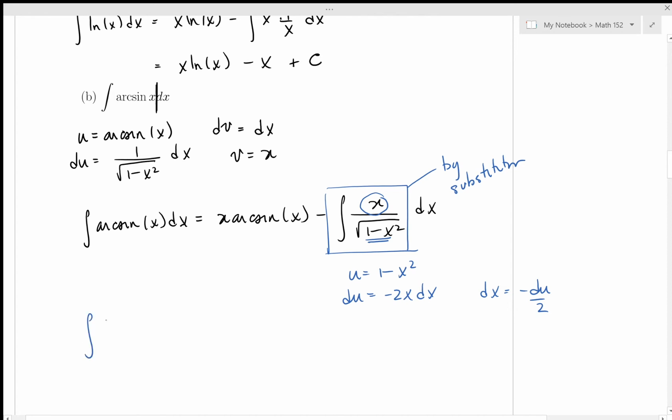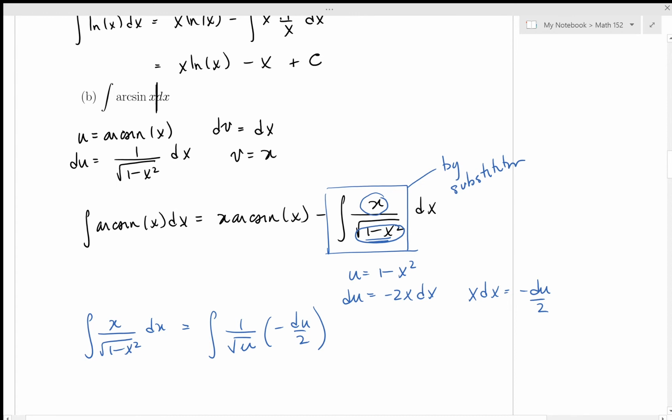So what I'm saying is that the integral of x over the square root of 1 minus x squared dx is going to be equal to the integral of 1 over square root u times x dx, and x dx is minus du over 2.